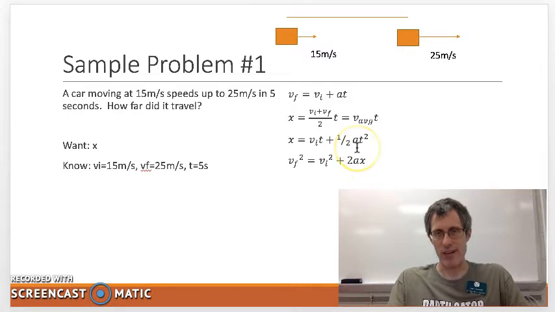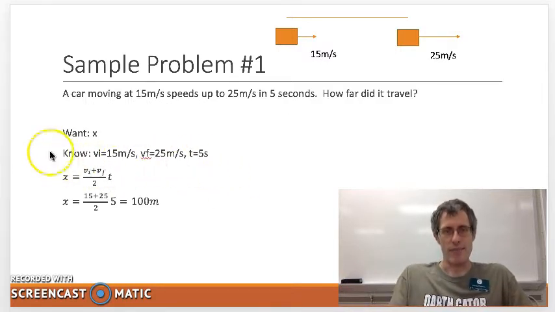And you can see a right here in the third equation, a in the fourth equation. Oh, I don't know what a is, so that would be kind of inconvenient. But the second equation has everything that we know and the one thing that we don't know. So we can use that and solve in one single step. So let's do it.